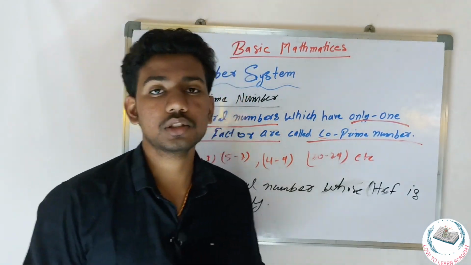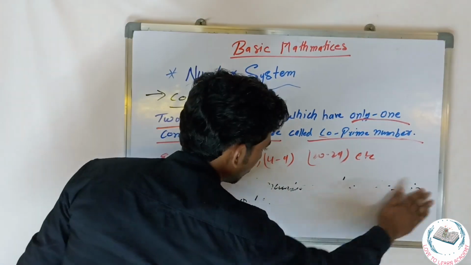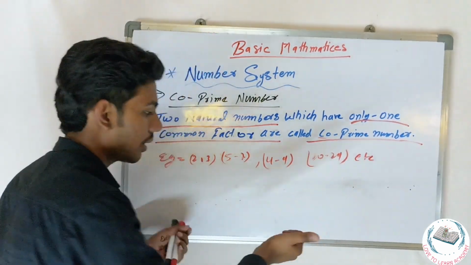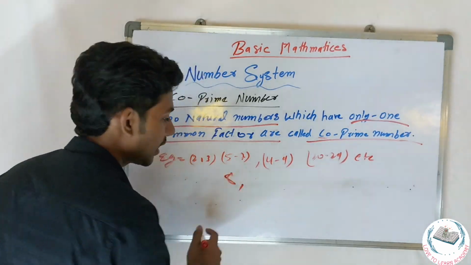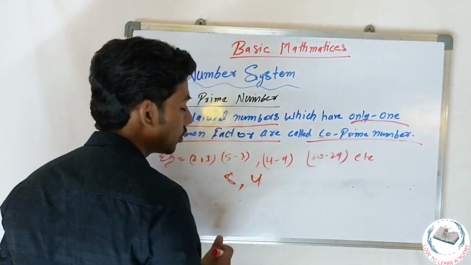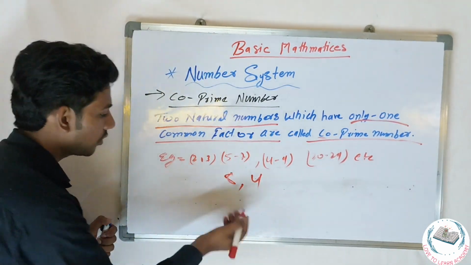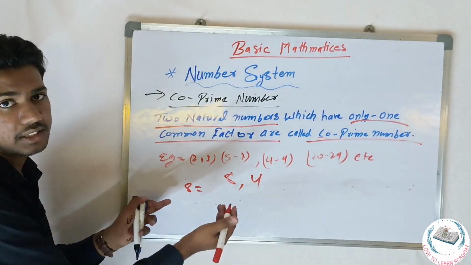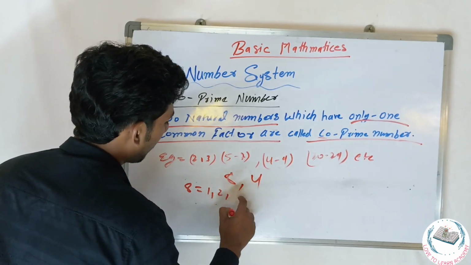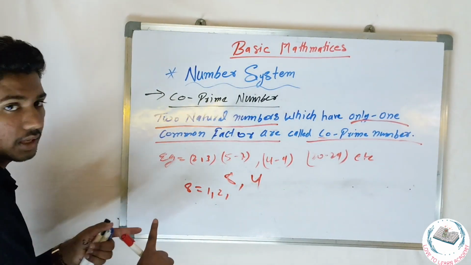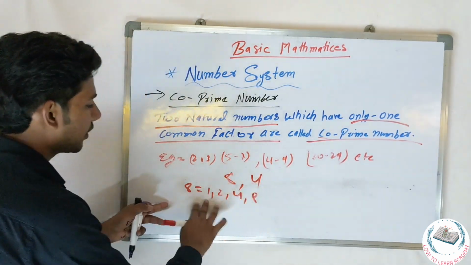Let's take examples. Take two natural numbers, like 8 and 4. Both are natural numbers. The factors of 8 are 1, 2, 4, 8.